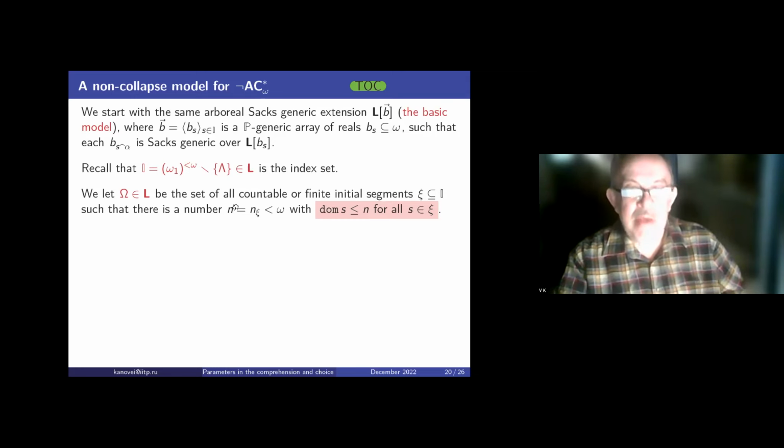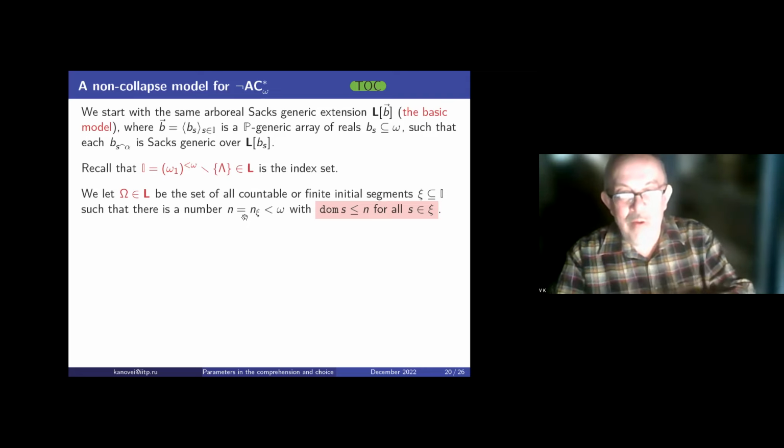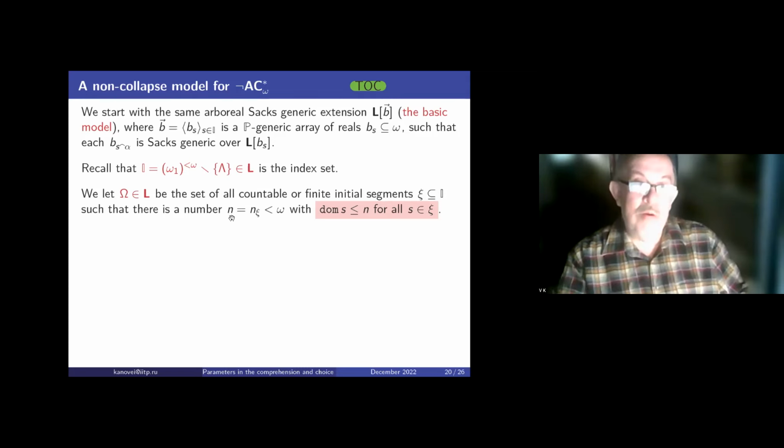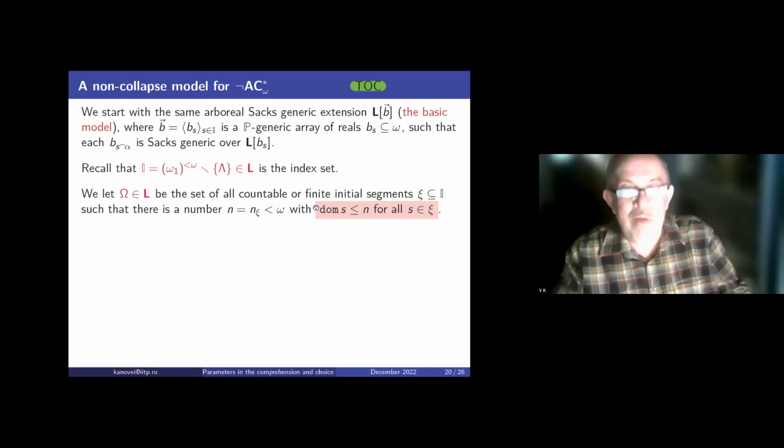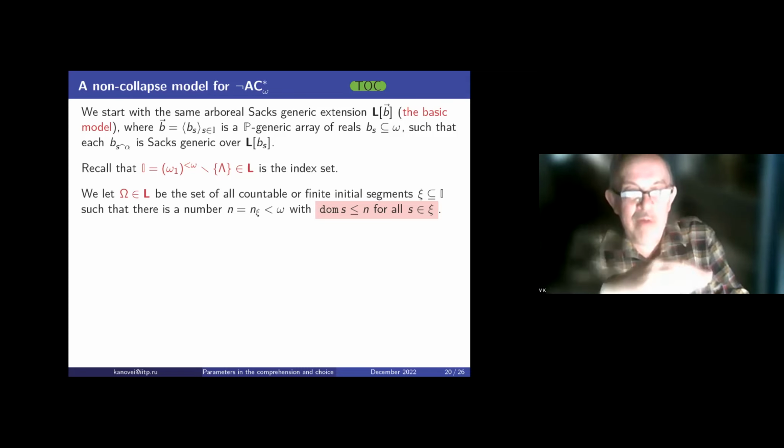Namely, in this case, all countable initial segments in L which are of finite height. So the segment can be wide, countably wide, but only finitely high, right?